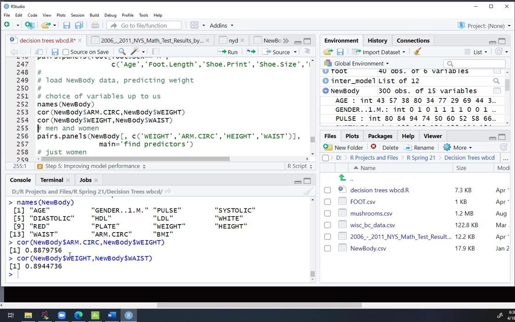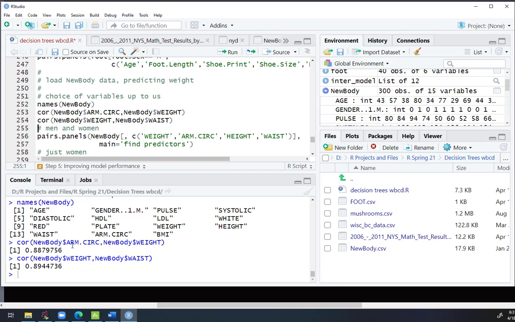So even more correlation. So both arm circumference and waist measurement, the distance around, are pretty good predictors of weight. So we've learned something already.